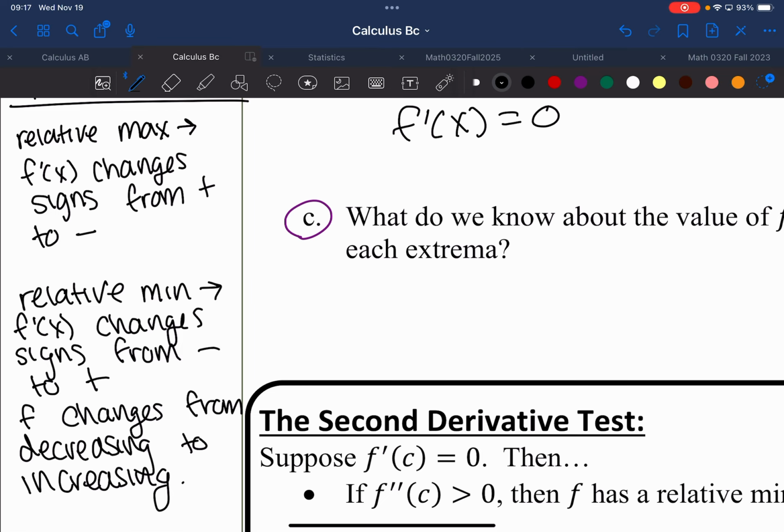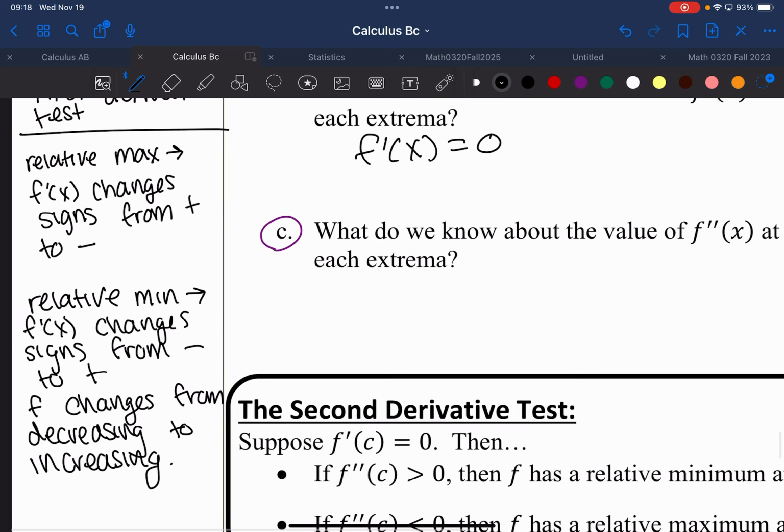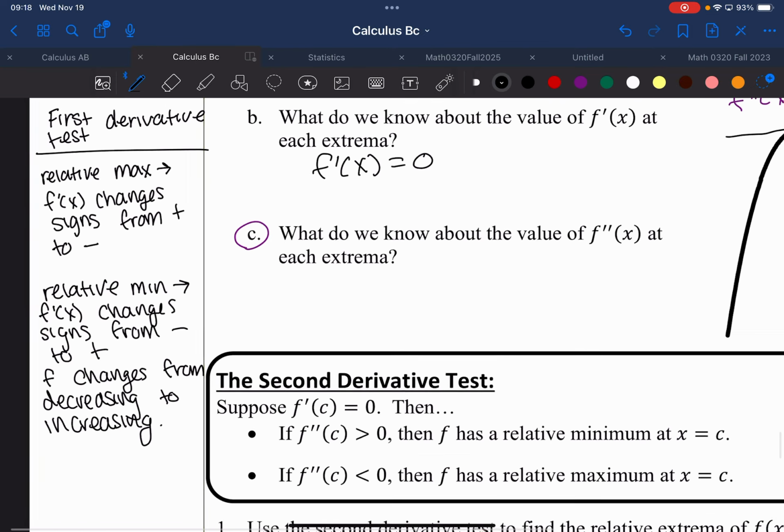Okay, so we would say f changes from increasing to decreasing since the derivative changes from positive to negative. Okay. Any questions so far? So off to the side was kind of just the recap from the past couple notes.